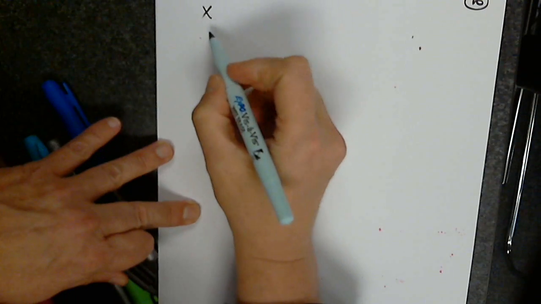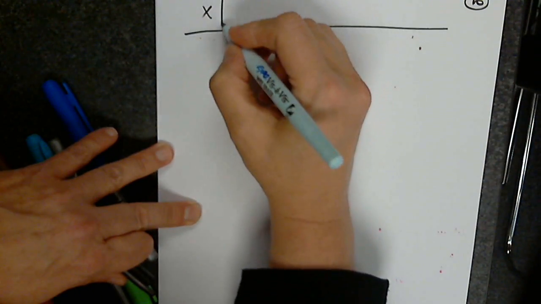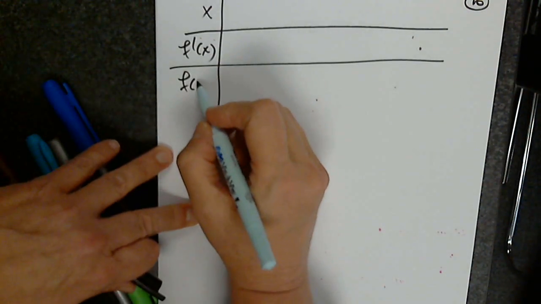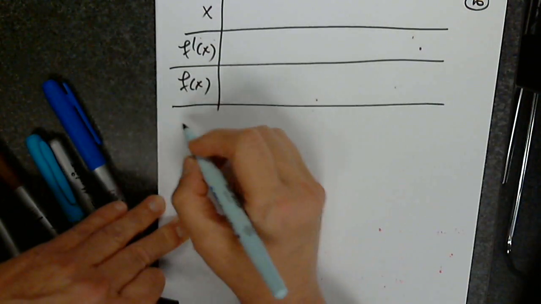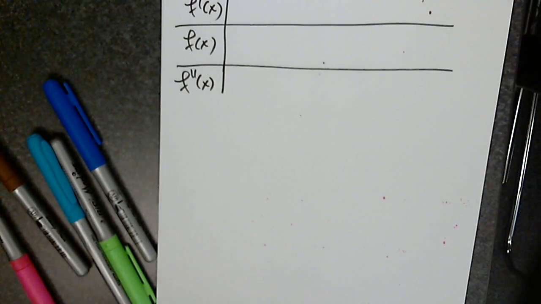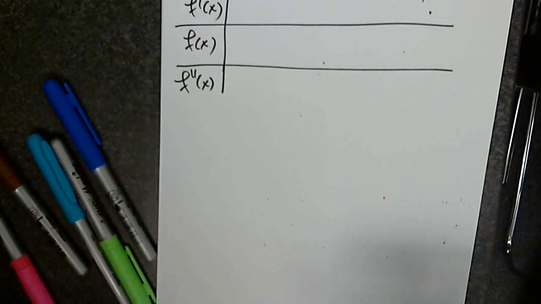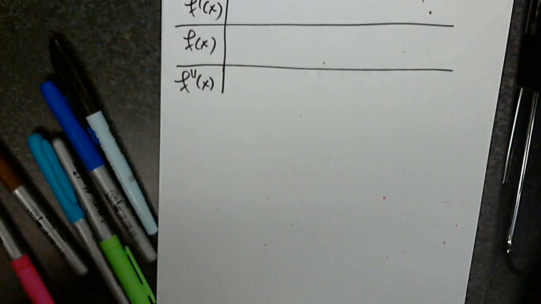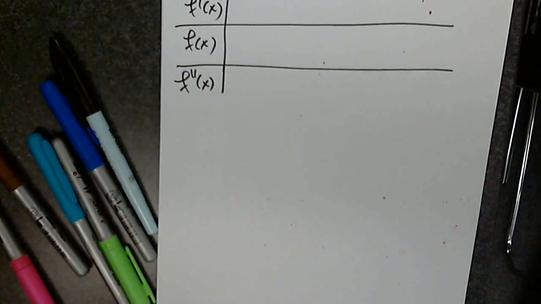Remember my chart. F prime, then in the middle f of x, and then at the bottom the second derivative. So what does the first derivative tell us about the function? Quite a lot. It tells us where the function has a max or a min, because the derivative is either 0 or undefined.